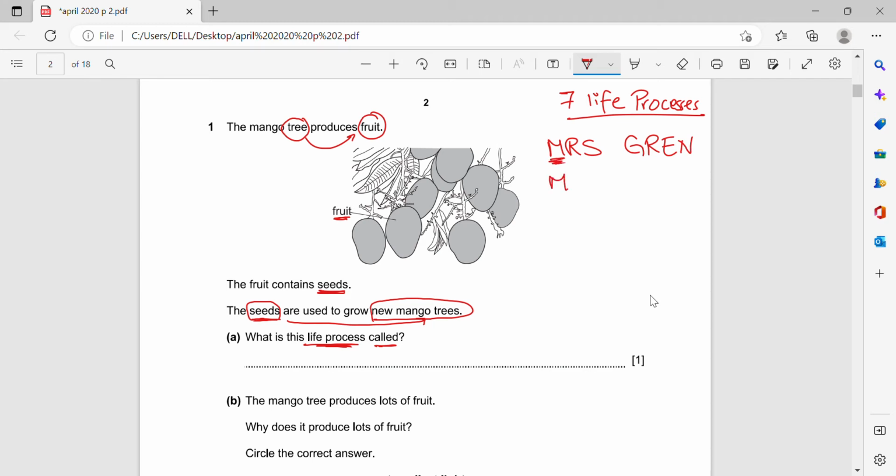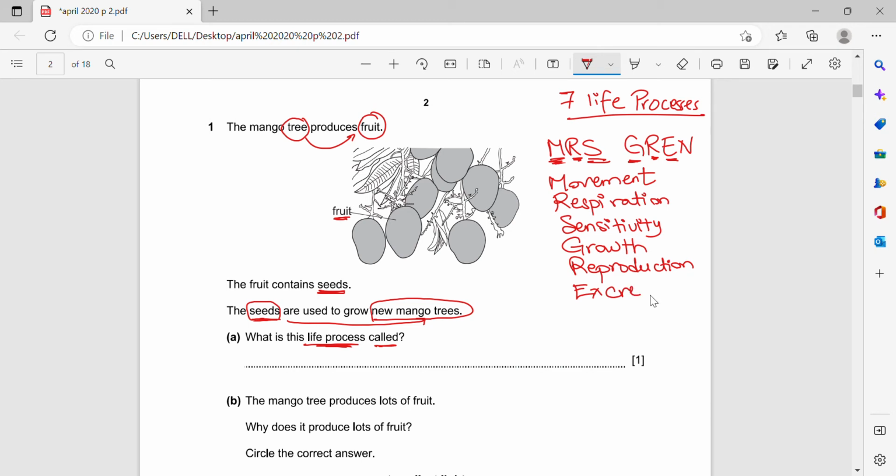M stands for movement, R for respiration, S for sensitivity, G for growth, R for reproduction, E for excretion, and N for nutrition. So I have the 7 life processes: movement, respiration, sensitivity, growth, reproduction, excretion and nutrition.